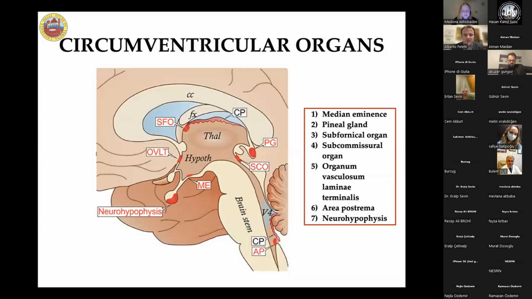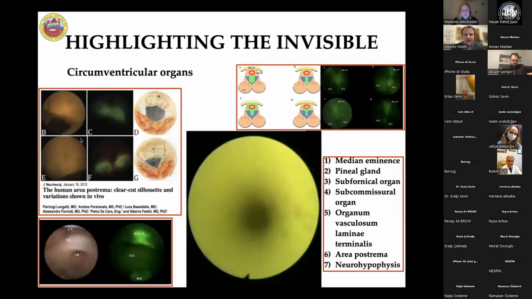And with the fluorescein sodium injection, we have also been able to enhance some of the circumventricular organs, like I mentioned before. Look at these pictures and also at this video.